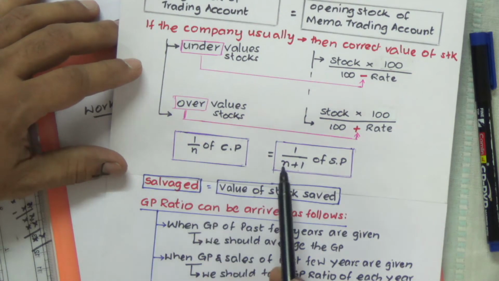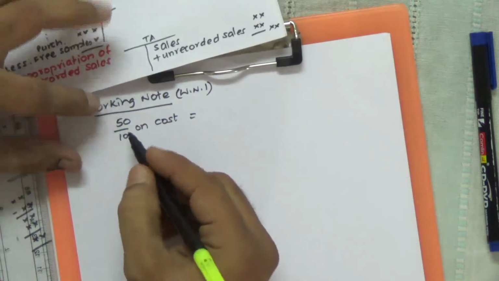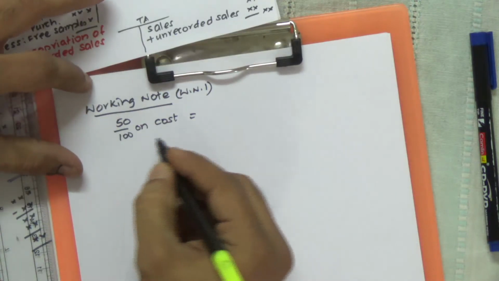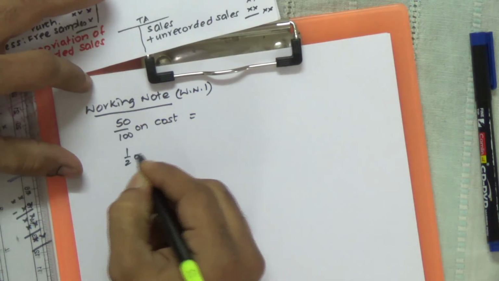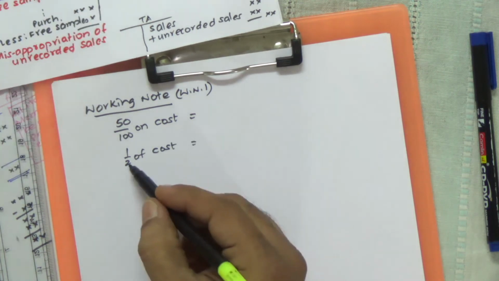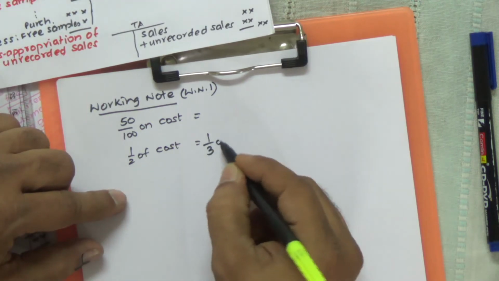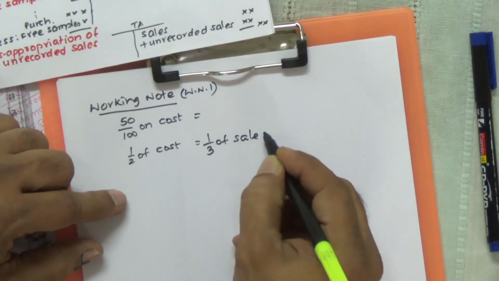This is 1 higher than this, 1 greater than n. If n is half, 50 by 100, this is half of CP, half of cost, is equal to, this should be 1 greater, 2 plus 1, 1/3 of sales.